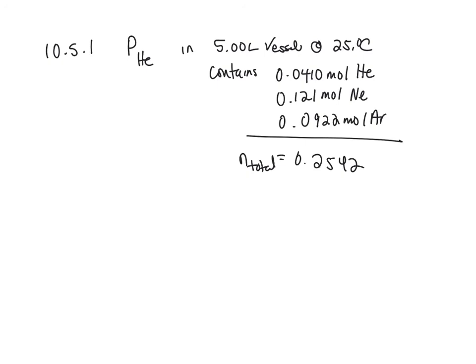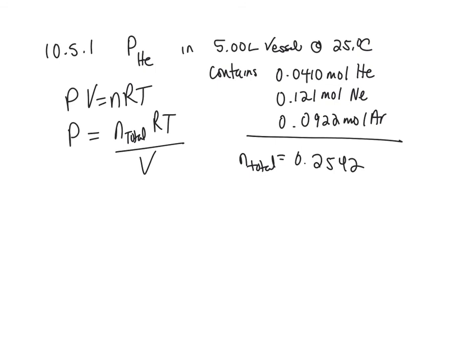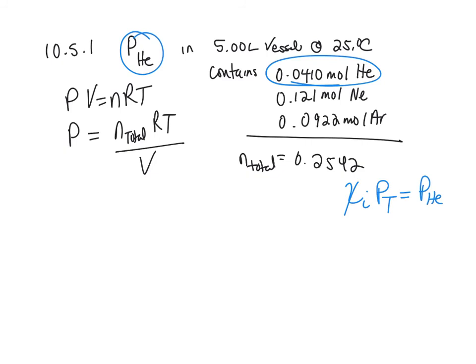So you have the total moles, and what you want to do is solve PV equals nRT, and solve for the pressure. So pressure equals n, and this is total, times RT over V. Because it wants to know the partial pressure of helium, the partial pressure of helium is going to be the mole fraction of helium times the total pressure.